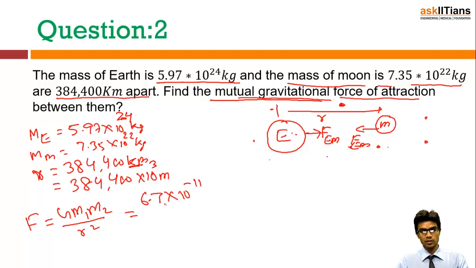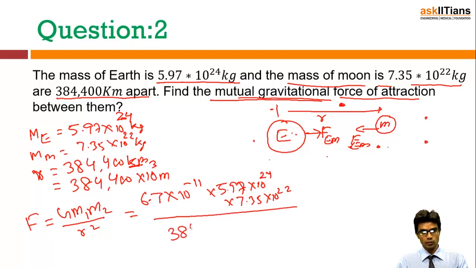This is the value of G. Value of m1 is 5.97 into 10 to the power 24, into m2, 7.35 into 10 to the power 22, by r square, so 384,400 into 10 to the power 3. We have to square this. So we can calculate this, find it, and this will be in Newton.